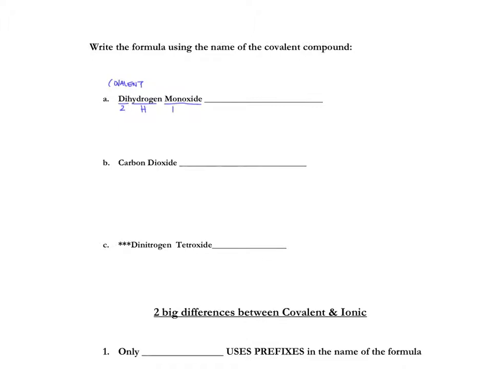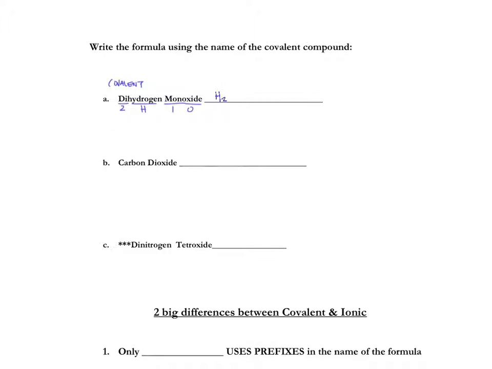So that means I've got two hydrogens and 1 oxygen. My O disappeared. There it is. 2 hydrogens, 1 oxygen. So H, and I need to indicate how many hydrogens with the subscript. 2.